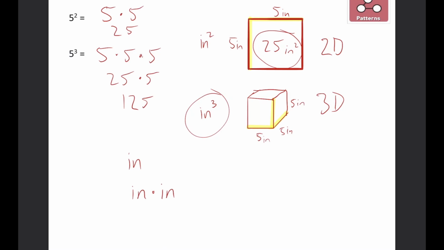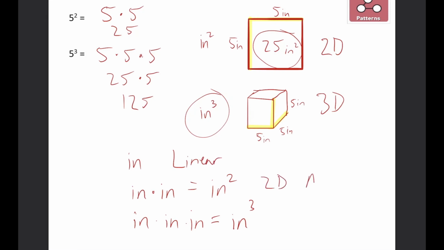Another thing that we can talk about is we can say, well, there's inches, cool, linear. Or I can have inches times inches, right? So I have inches times inches in my area model. So inches times inches is inches squared, or square inches. Or I could have inches times inches times inches, which is inches cubed, or cubic inches. So here, this is linear.